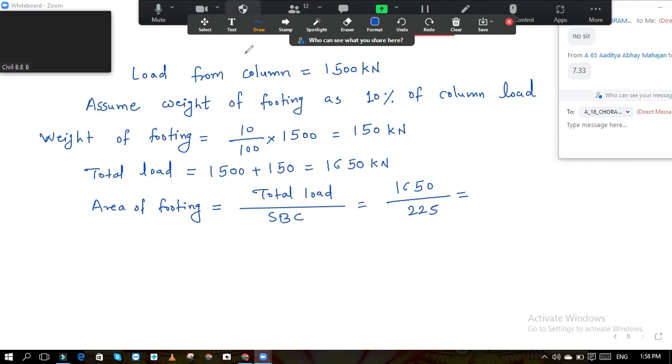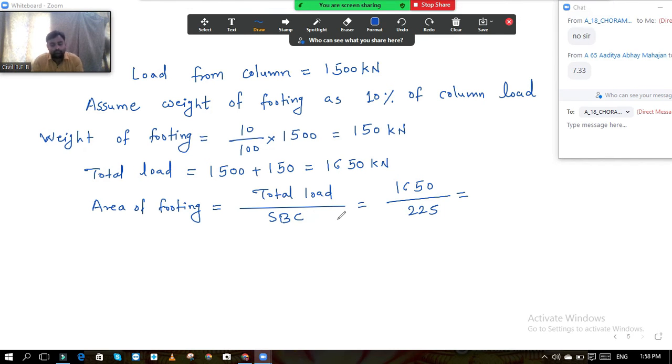So the answer is 7.33. Okay. So we got the answer as 7.33 meter square, because this load is in kilonewton and 225 is given in kilonewton per meter square.